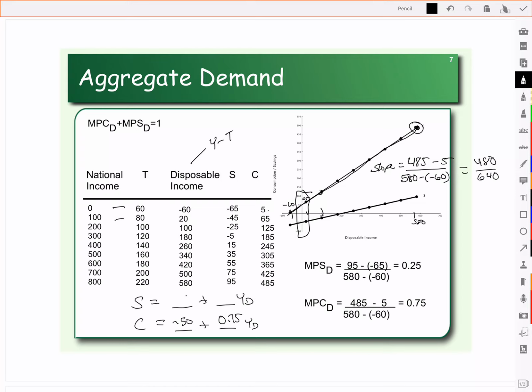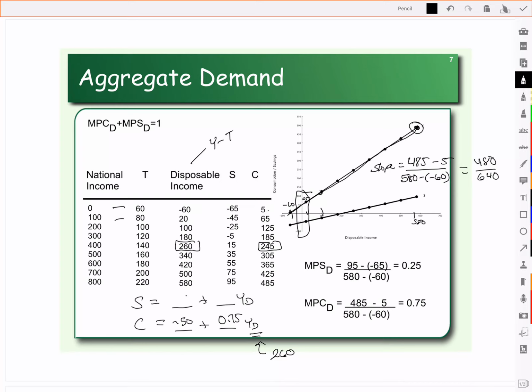So our formula for consumption is approximately 50 plus 0.75 times disposable income, which means that we could take a disposable income of 260, plug it in where Y sub D is, and we should end up with consumption of 245. In fact, if we do that, we can find out exactly where that intercept is, how close it really is to 50.